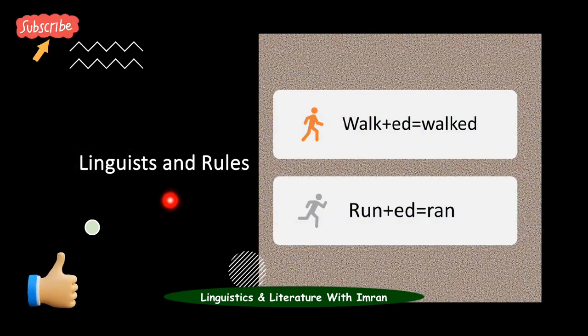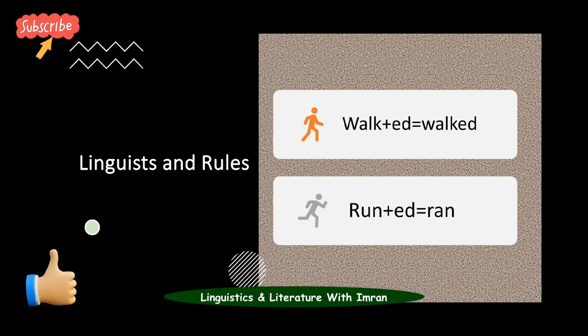Or for example, we have some more linguists' rules. The linguists tell us the rule that walk plus ed is walked, and run plus ed is ran. But if you bring such rules to the classroom, the students might ask you how run plus ed is ran.